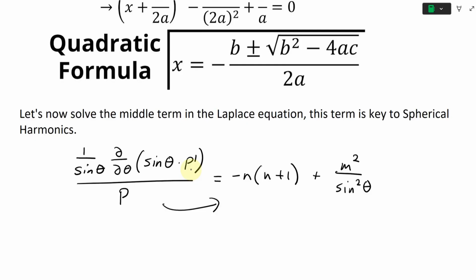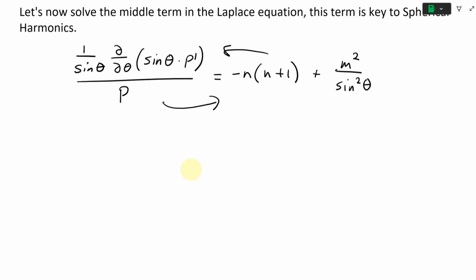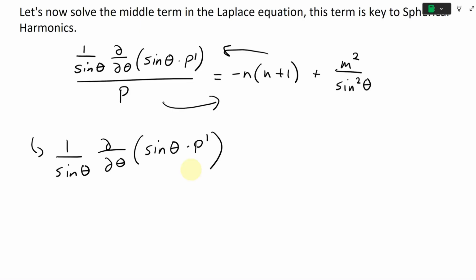Multiply by P on this side, move it over to this side, and drag it here, and get an equation equaling 0. So over here we get 1 over sine theta, partial over partial theta of sine theta times P prime.